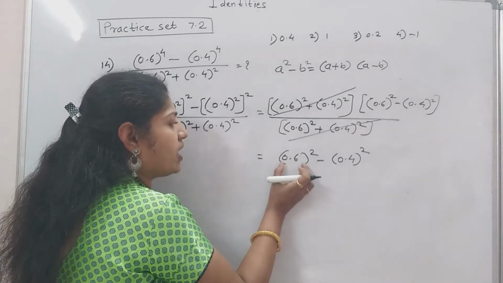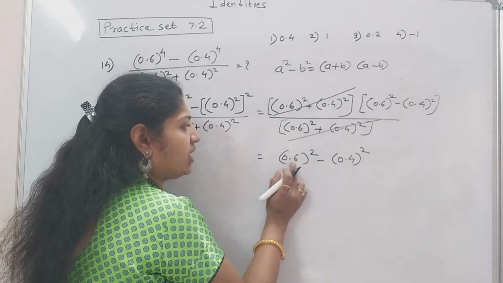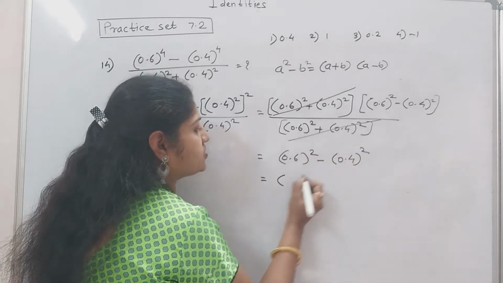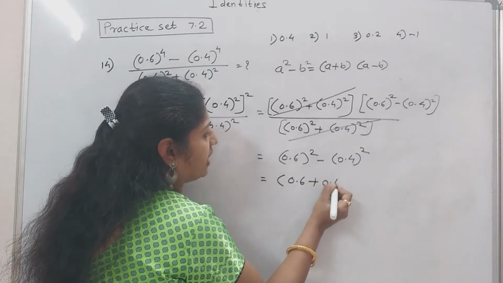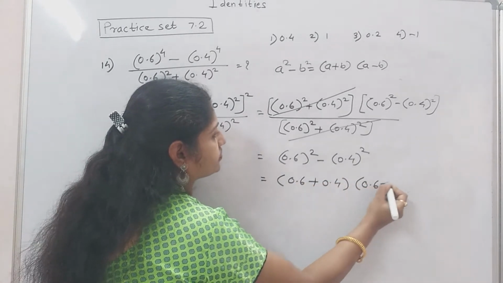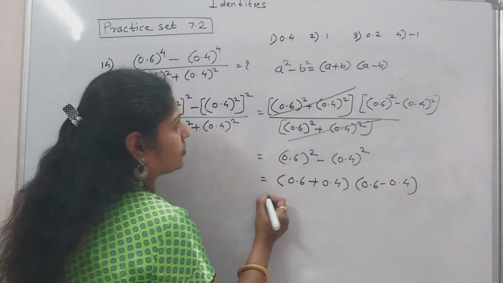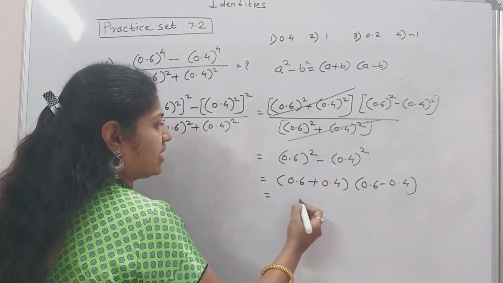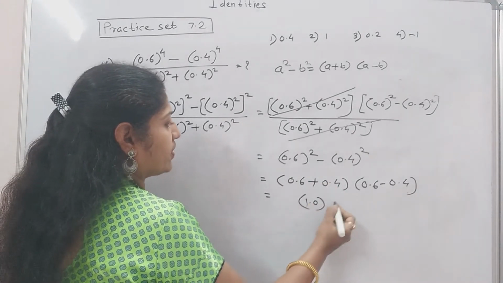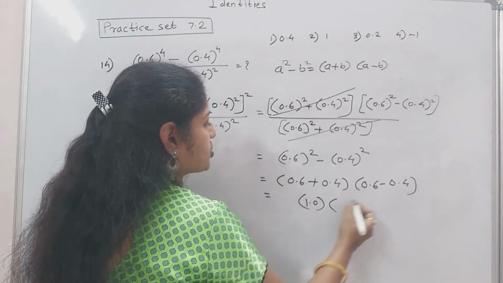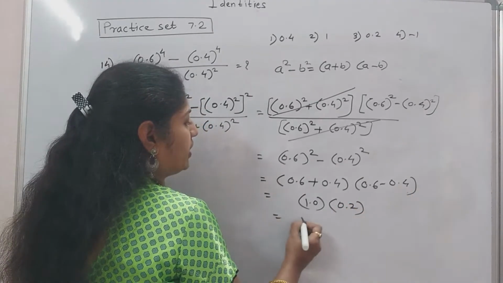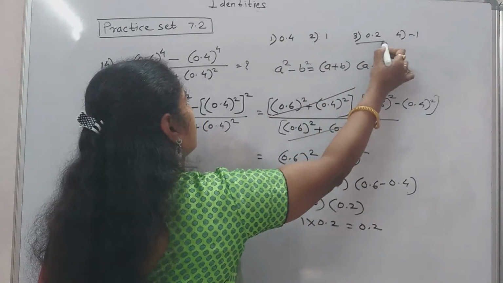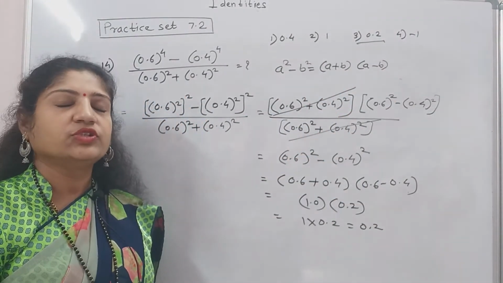Use the formula a square minus b square, where a is 0.6 and b is 0.4: (a + b)(a − b). 0.6 plus 0.4 is 1.0, that is 1. 1 into the subtraction of these two numbers, 0.2. 1 into 0.2 is 0.2. So our answer is option number 3, 0.2.